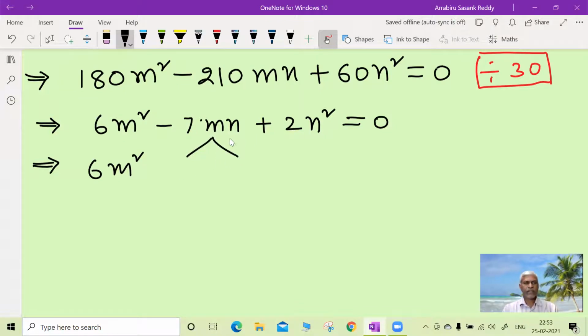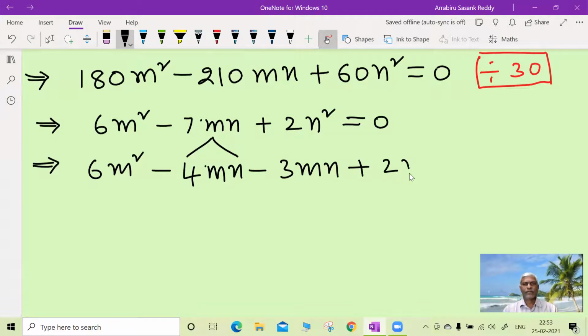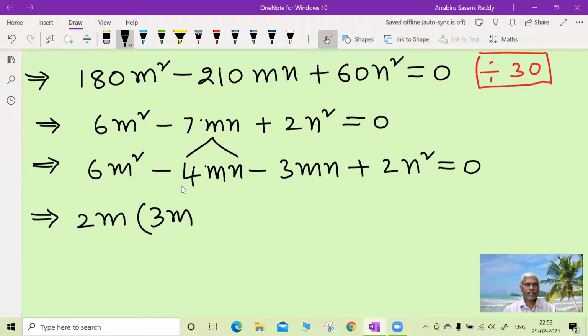Minus 7mn can be split into two terms, minus 4mn minus 3mn. Taking 2m common, 3m minus 2n.